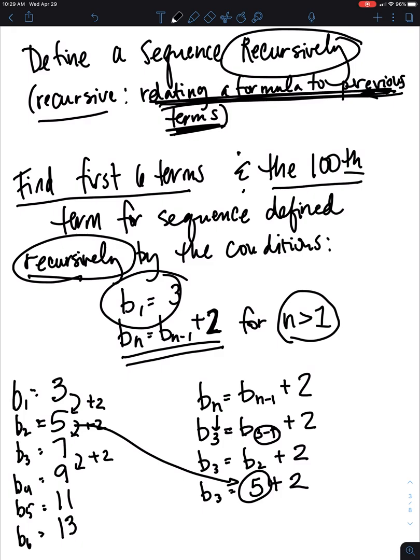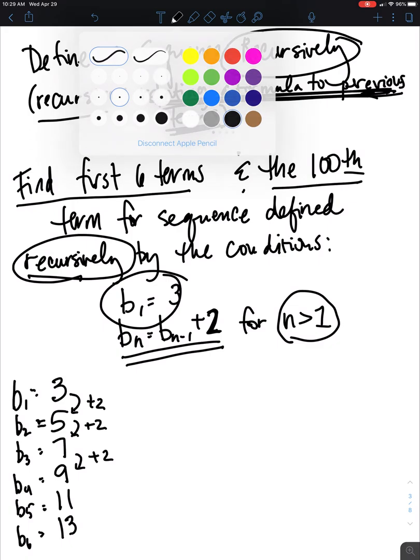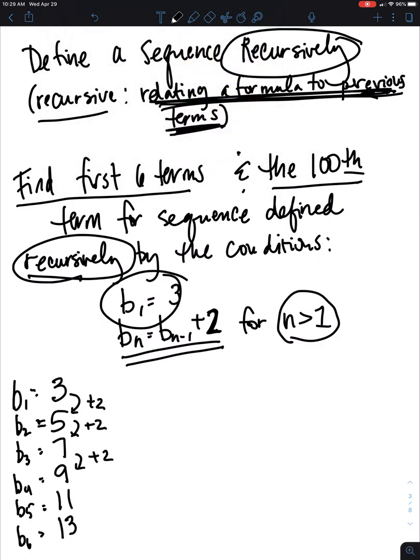Okay, so then it says find the 100th term. I'm going to erase this for a second so I get some room. Well, you could go through, I suppose, and do all of those, but it takes a while. Or you can realize what we're doing here. We're adding 2 every time, right? So let's relate these two.